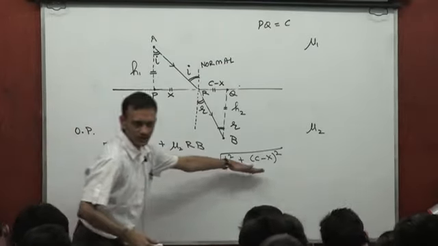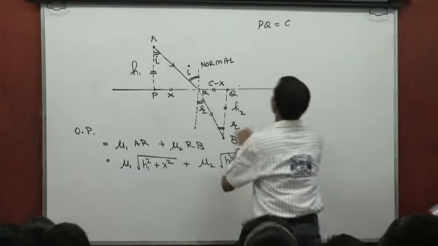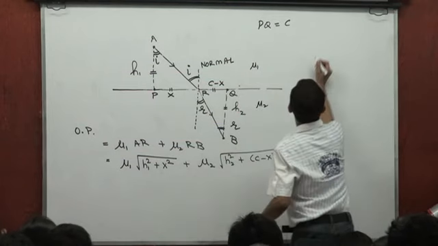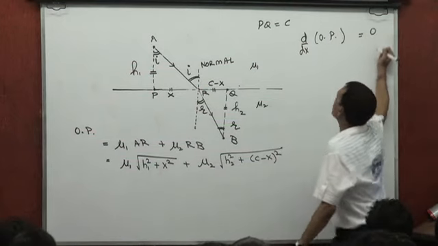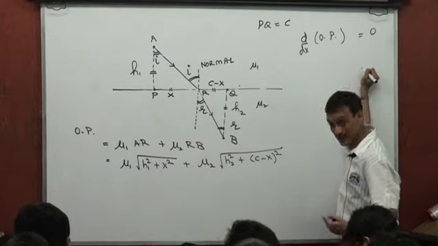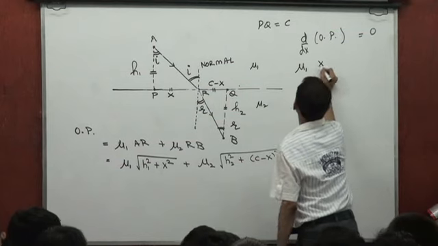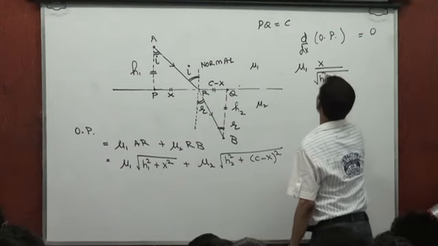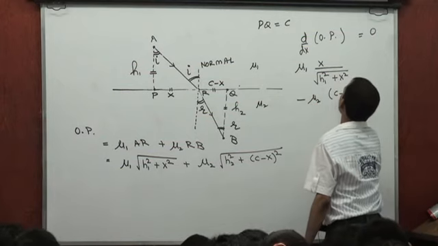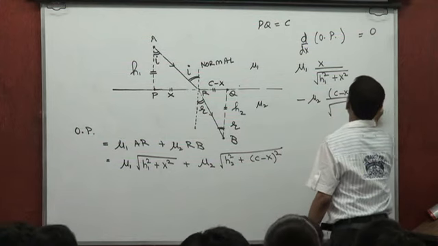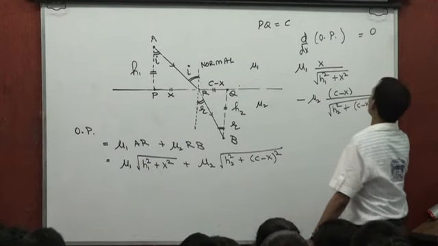We already know how to differentiate these two. So the traversal would be such that d/dx of the optical path must be 0 for the path to be stationary. So that's going to cause mu1 into x by root H1 squared plus x squared, minus mu2 into (C minus x) by root H2 squared plus (C minus x) whole squared, and this must be 0.